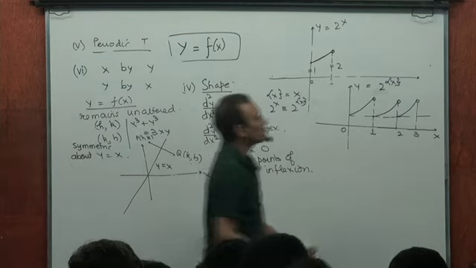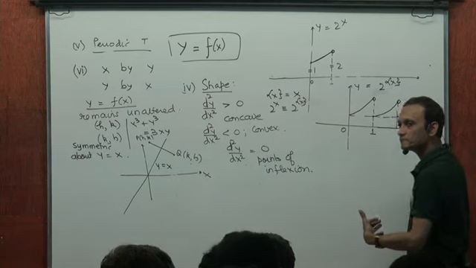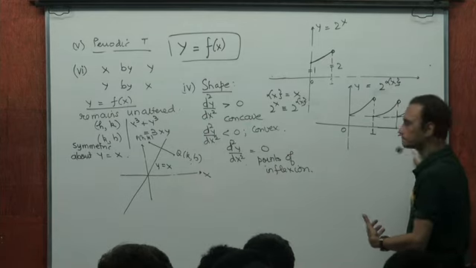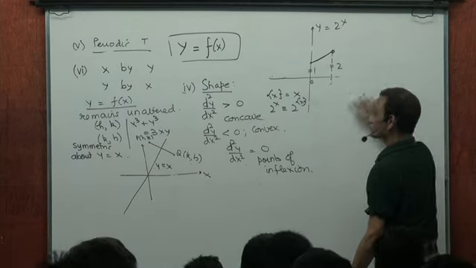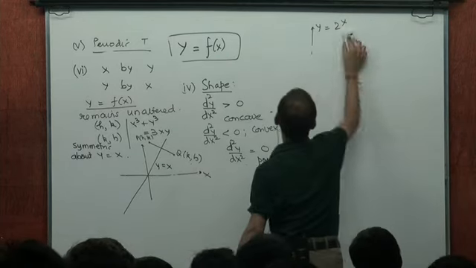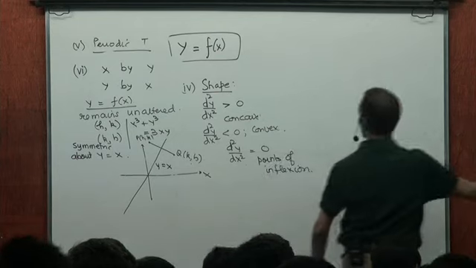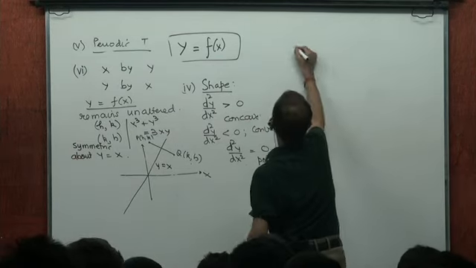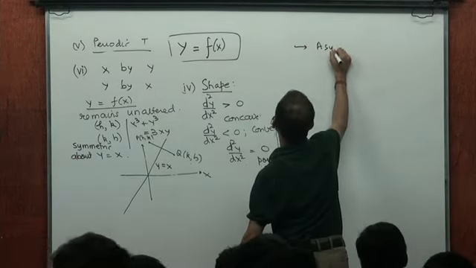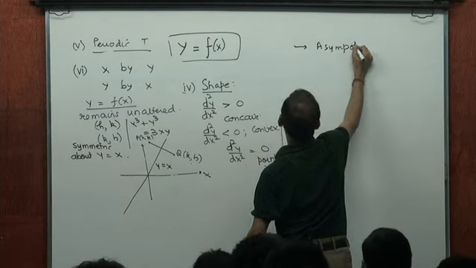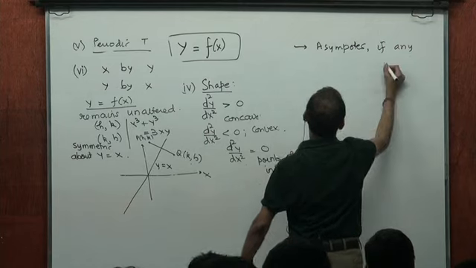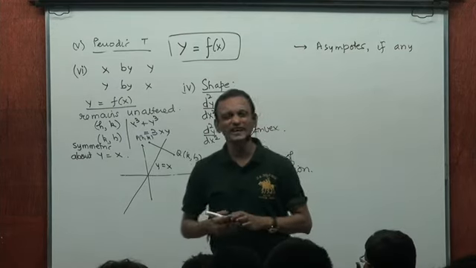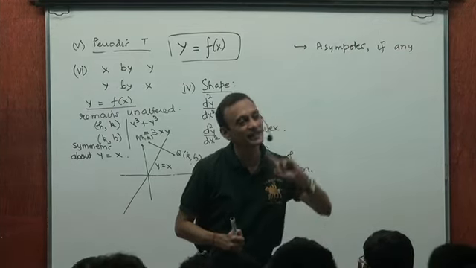Very good. Can I wipe this off? And then of course, check for asymptotes, if any. And if there are asymptotes, then you first draw the asymptotes and then draw the curve.